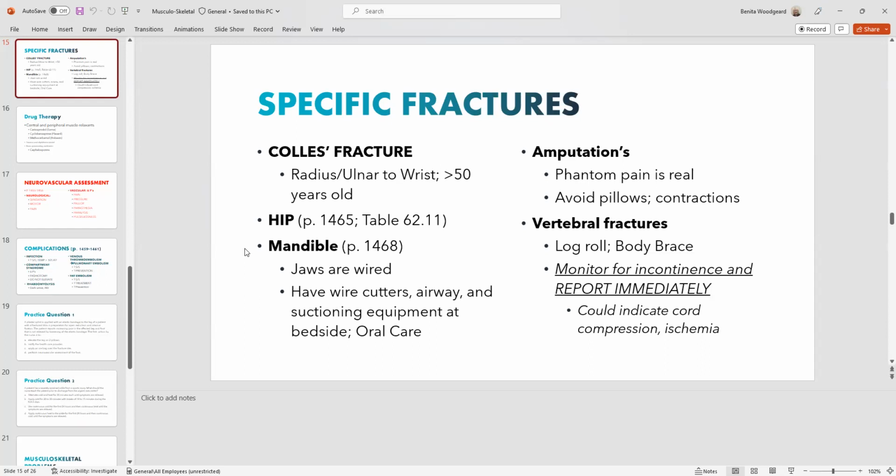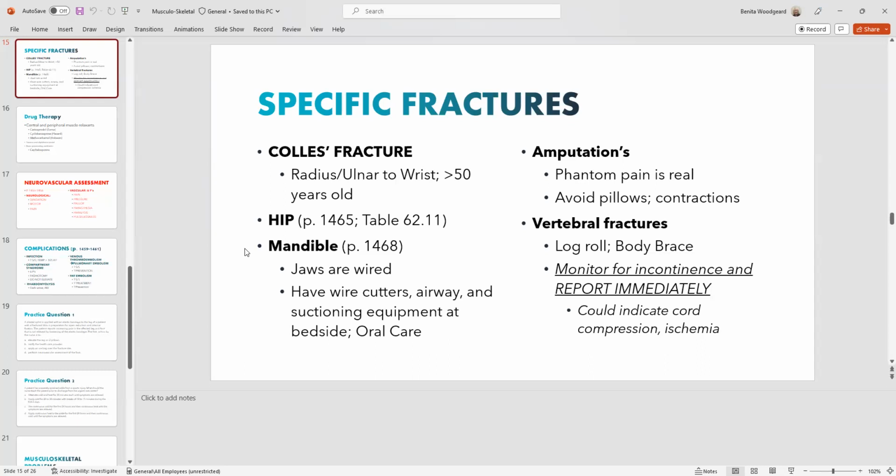Mandible fractures. When jaws are fractured, we usually wire them shut while they heal. These patients are very high risk for airway issues. I had a patient once whose jaw was wired and they were throwing up about every 2 hours. And he just had to lean forward. I know that sounds kind of harsh, but he just had to let it all fall out.